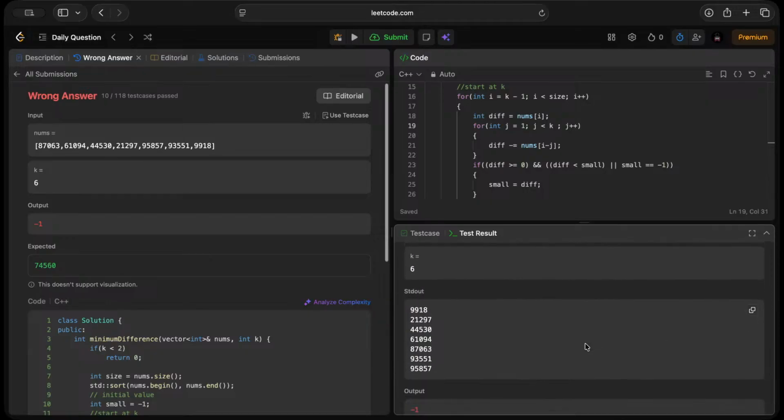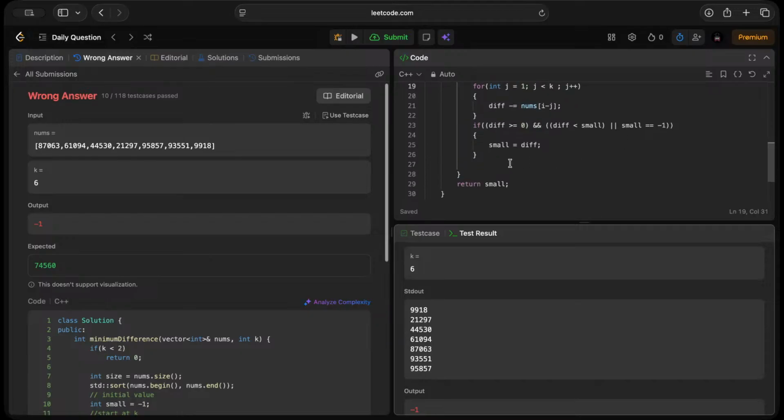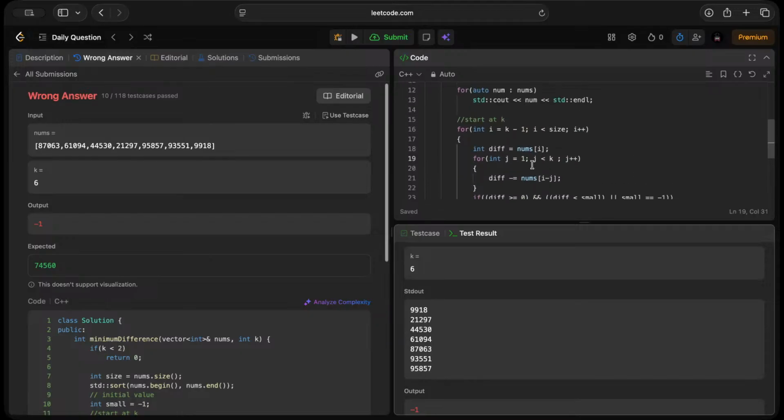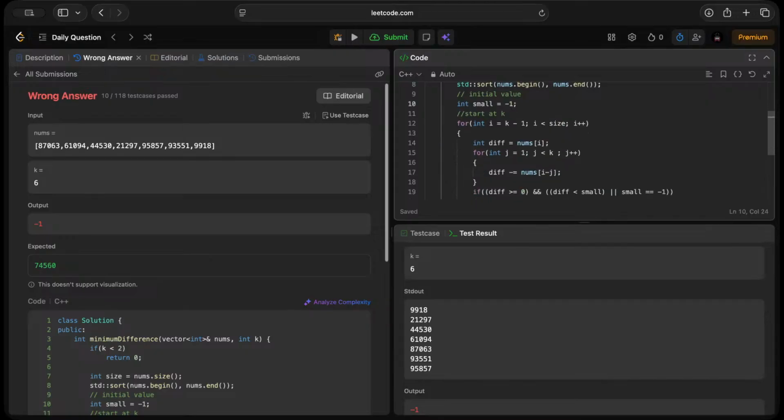And this is easy. So where am I going wrong? So that's right. We're sorting it right.